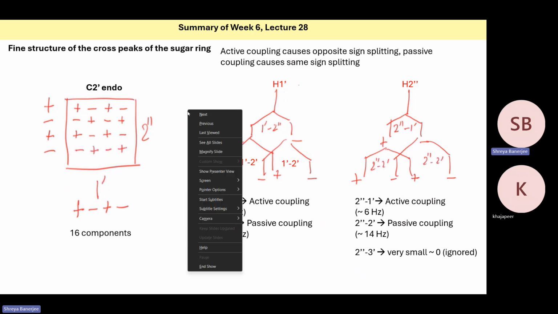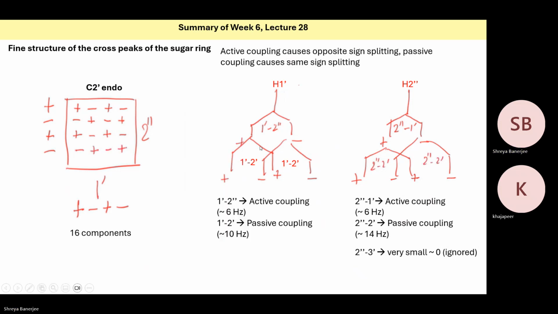Firstly, we know that 1 prime is split by two things. 1 prime has coupling with 2 prime and with 2 double prime. And we know that the coupling 1 prime 2 double prime is 6 hertz, and 1 prime 2 prime is 10 hertz. And we also know that active coupling is the one we are looking at. So right now we are looking at 1 prime 2 double prime coupling.